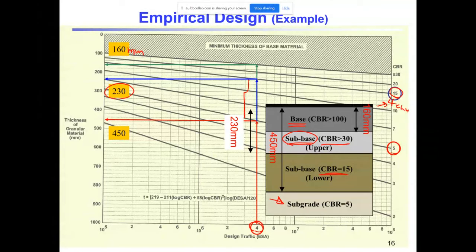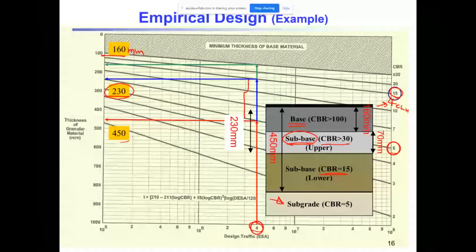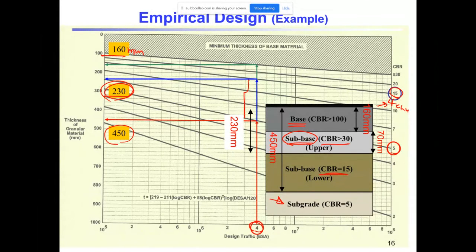Then 230 minus 160 will give you the thickness for the upper sub-base layer. So 230 minus 160 becomes 70 millimeters. And then 450 minus 230 will give you the thickness for the lower sub-base. So it becomes 220.